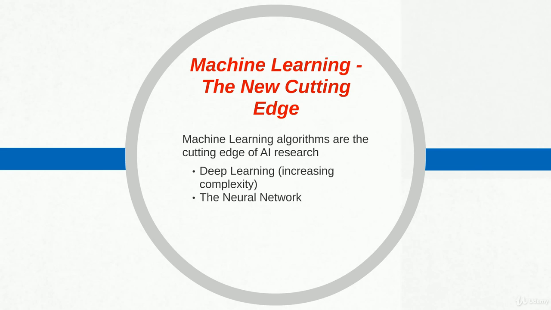With the advent of deep learning and the neural network, we've really increased the complexity, and these two things have improved artificial intelligence research significantly. So while AI doesn't have to be machine learning, it can use machine learning in a lot of scenarios to accomplish the task that it is trying to do.